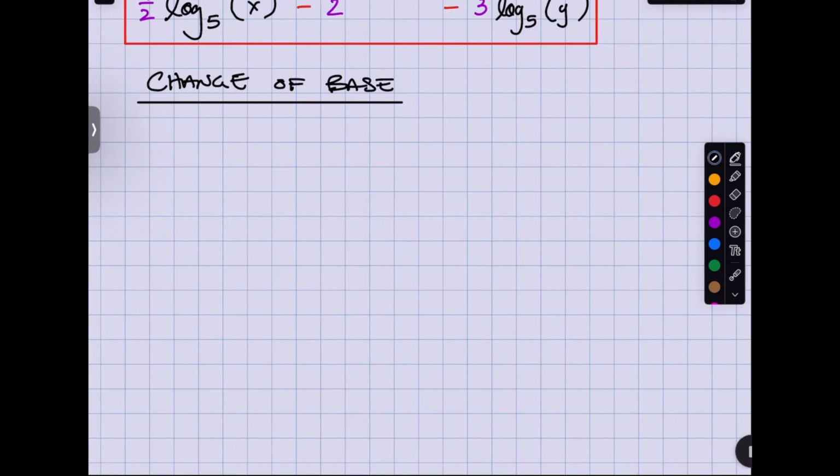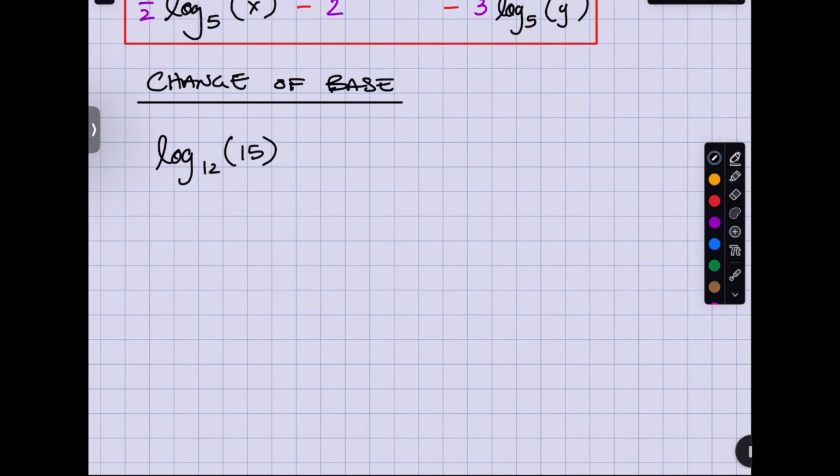So the problem is that we couldn't figure out how to find log base 12 of 15. So there's no way of plugging this into the calculator. So we have to use something called a change of base.